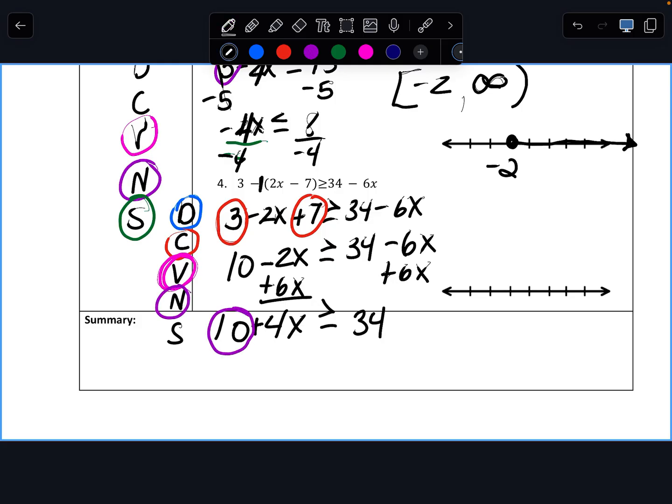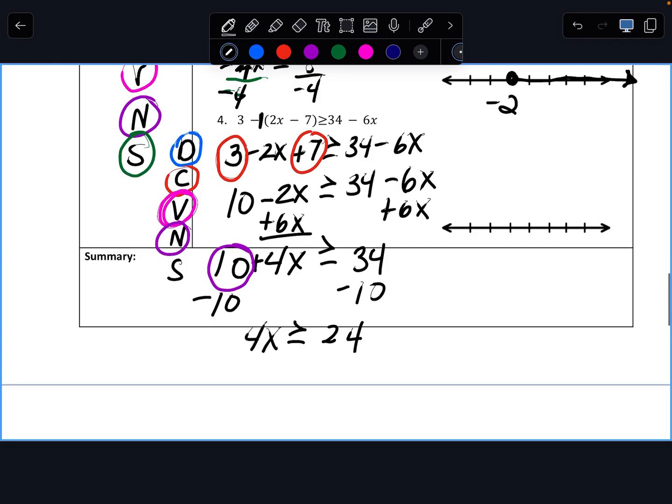I want to move it by doing the opposite of plus 10. I'm going to subtract 10 from both sides. And I end up with 4x equals 24. Whoops, don't say equals. 4x is greater than or equal to 24. Yeah, don't slip into writing equal signs. We're solving inequalities.